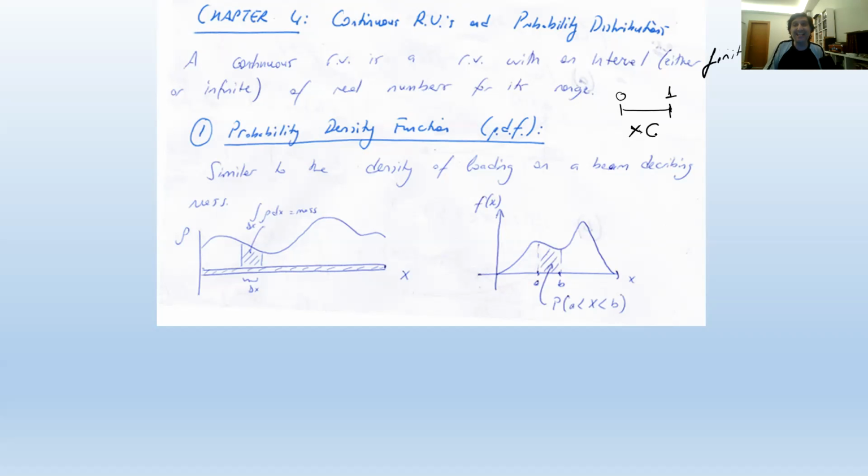This is a real number between 0 and 1. Although this is within a finite interval, there is an uncountably infinite number of elements here. Therefore, this is going to be shown with a continuous random variable and continuous distribution.